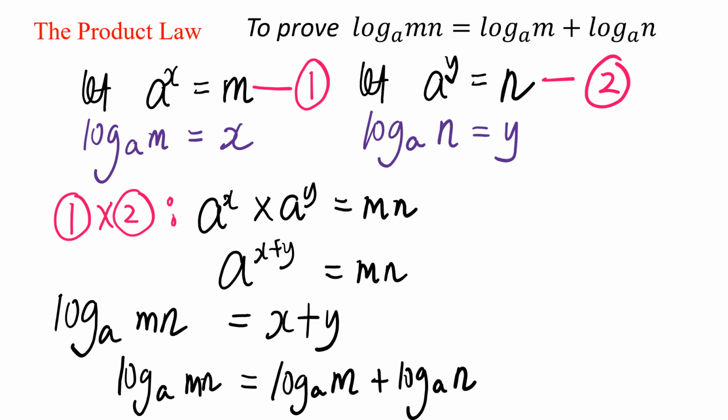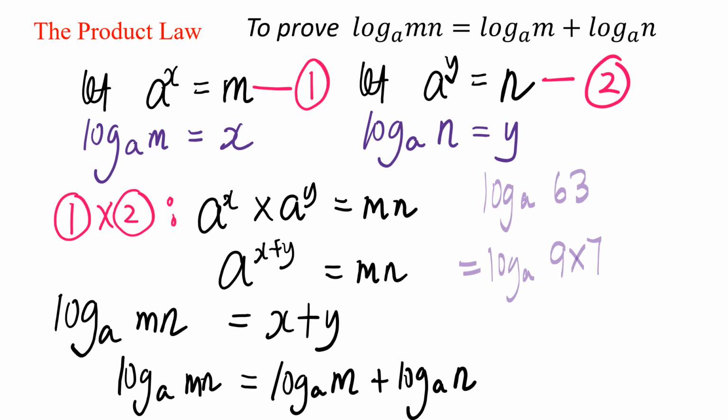All right, so to give you an example of how you can use the product law, say log base a of 63. You can simplify 63 into 9 times 7, since 9 times 7 is 63.